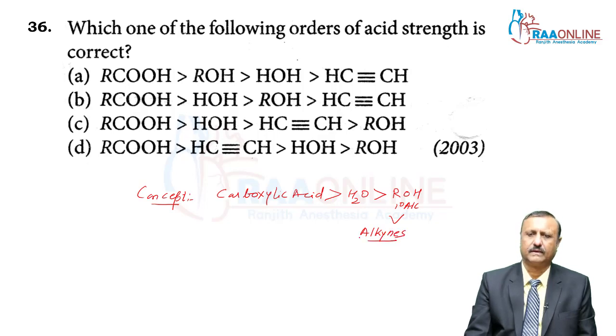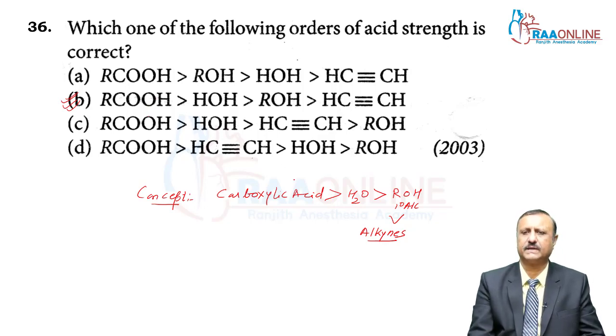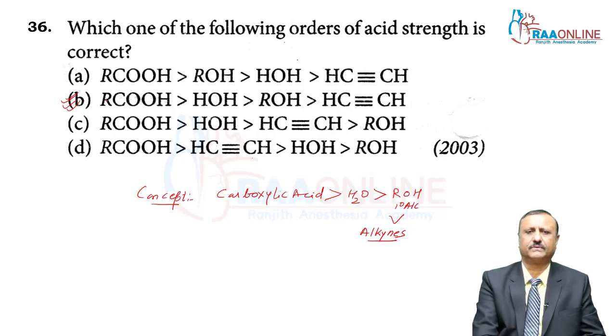According to this concept, you can go to answer B. Why? Because RCOOH is a carboxylic acid, then water, then alcohol, then alkynes.